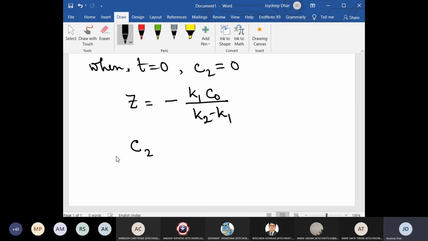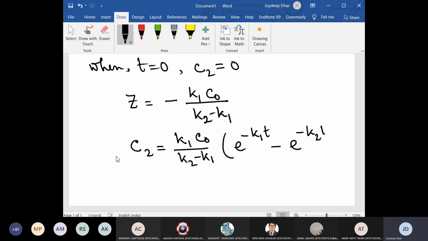Now if I substitute the Z value in the equation, and after rearrangement, I will get the final form. C2 will be equal to K1 C naught by (K2 minus K1) times (e to the power minus K1T minus e to the power minus K2T).